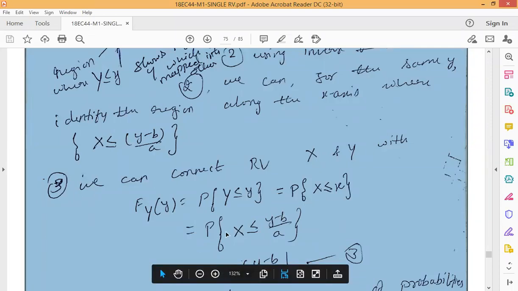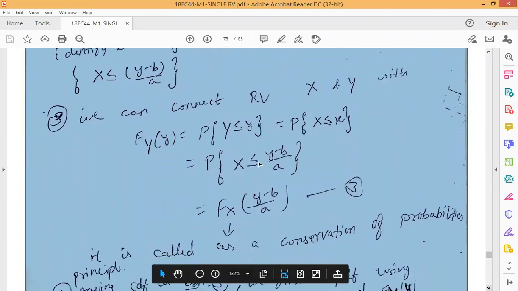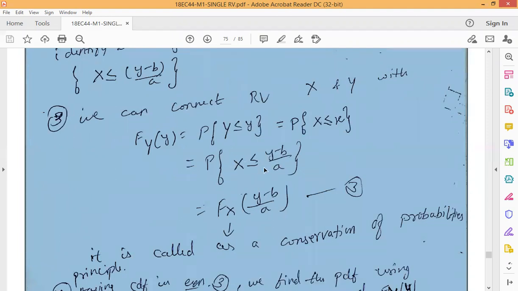Which implies probability of X less than or equal to (y minus b) by a. And the probability on the right side is nothing but the CDF of the random variable X evaluated at (y minus b) by a.